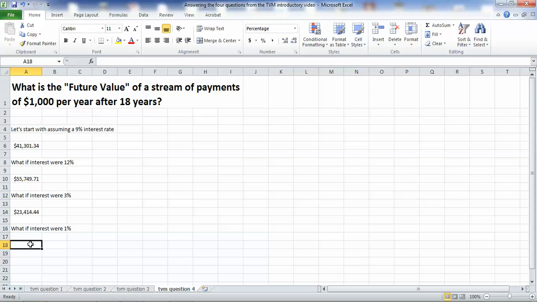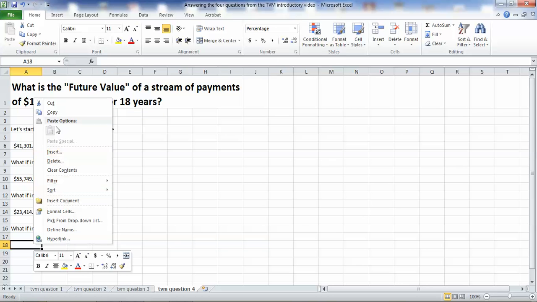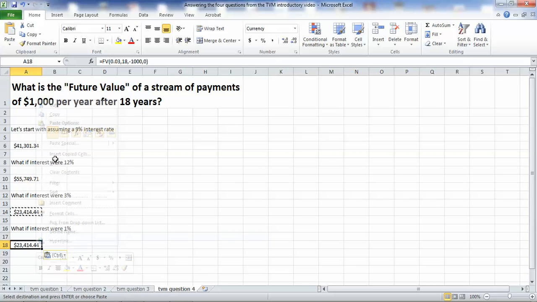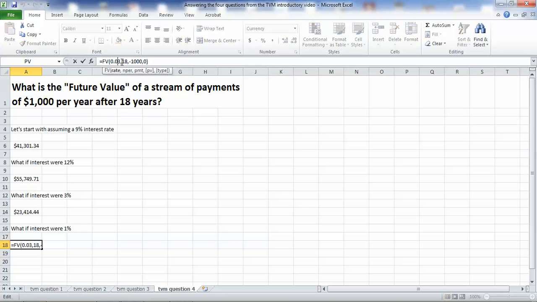Again, we can just paste our, whoops, we lost our formula there. Copy, paste. If you're not comfortable with copying and pasting, because you're not sure where you need to change your formula, don't do it. But for some of you that are feeling more comfortable with that, it is a little bit quicker to do. And let's just change our 0.03 to 0.01, and we'll see it's only worth $19,000.